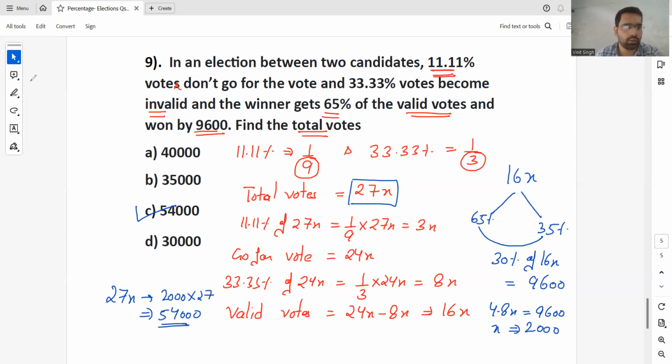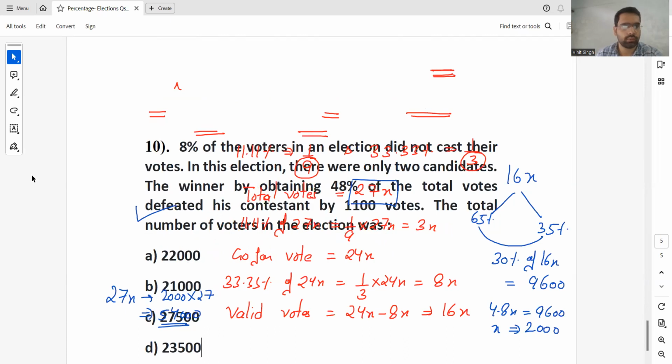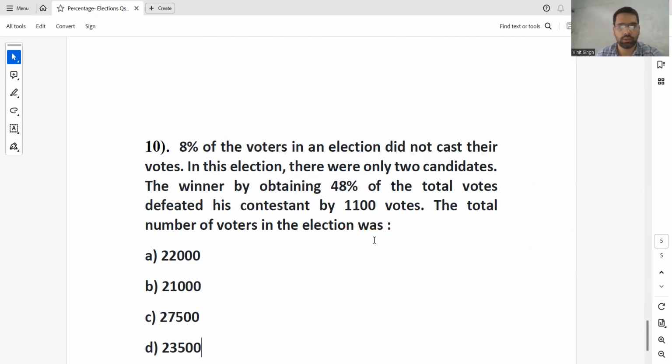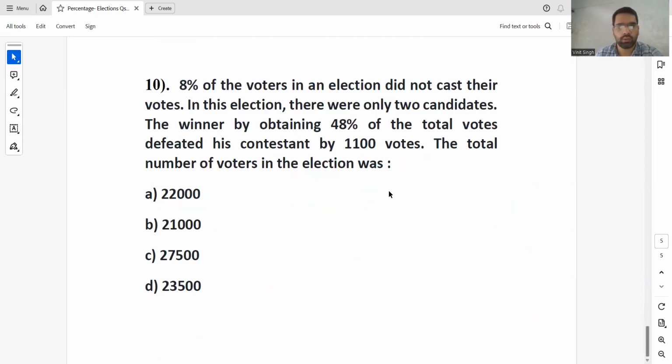Now the next question, the last question, question number 10. Here, 8% of the voters in an election didn't cast their votes. In this election, there were only two candidates.